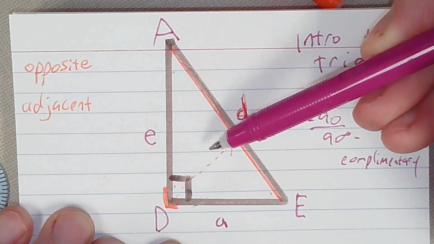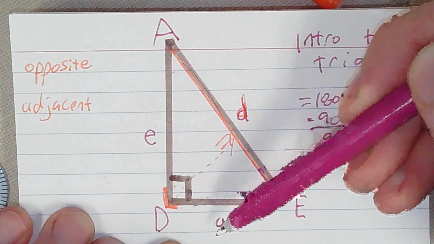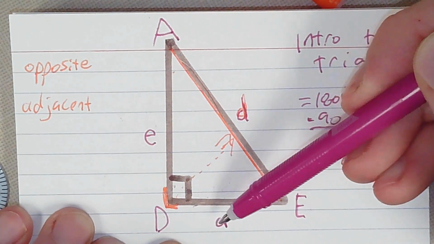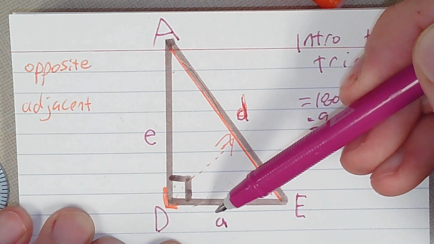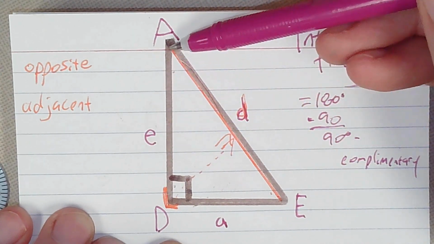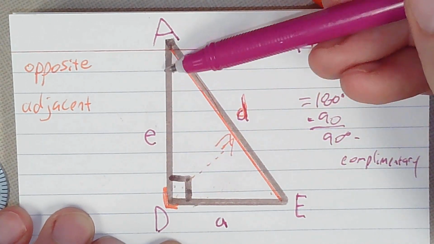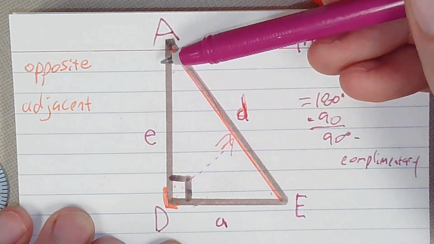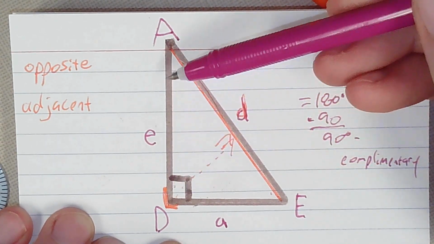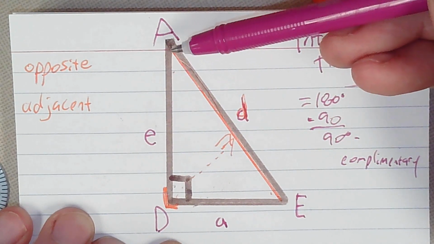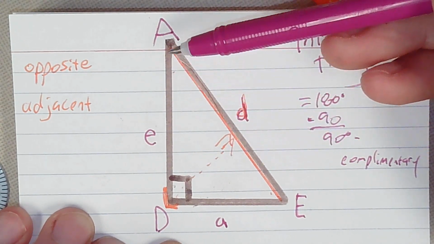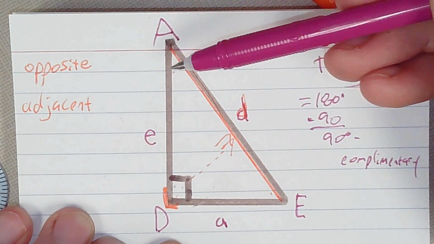Our opposite line segment is this one, it's like A, right? And then our adjacent line segment is the other leg, it's E, right? And you can always remember that the adjacent line segment joins the hypotenuse to make up the angle that we're talking about, right?